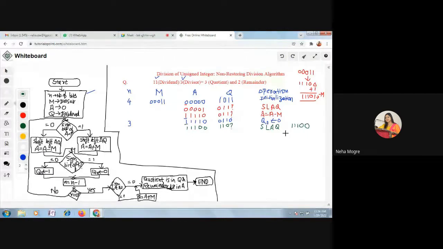That means 0 0 0 1 1. So what is it? 1 1 1 1 1. So this is your new A, all ones. So you have done A equals A plus M.